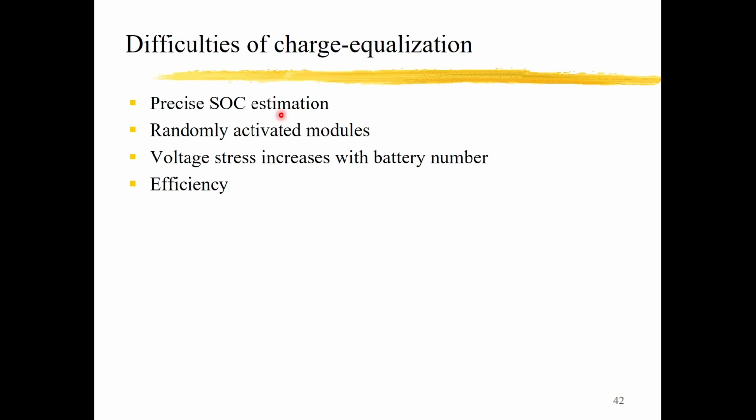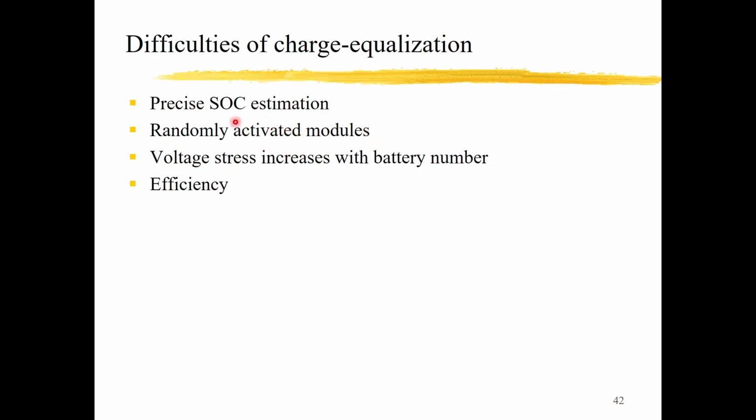For the ternary batteries, like NMC or NCA batteries, it is better, because the voltage and the SOC are discriminable. So for that kind of battery, that is fine. But LFP is very unacceptable.